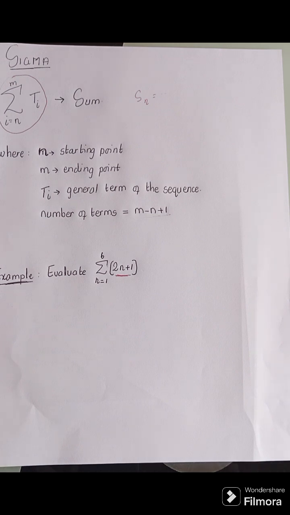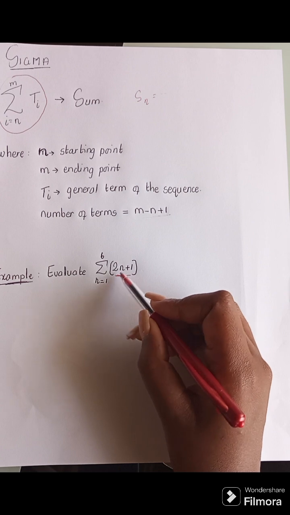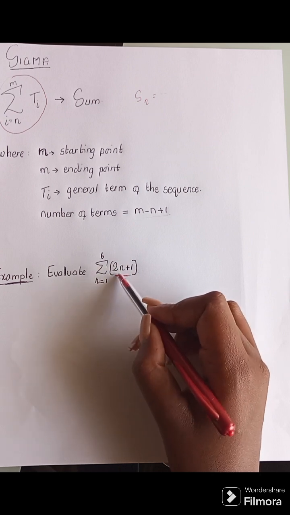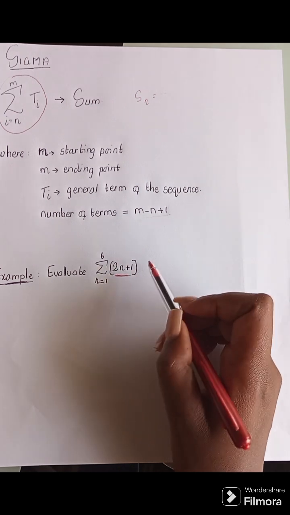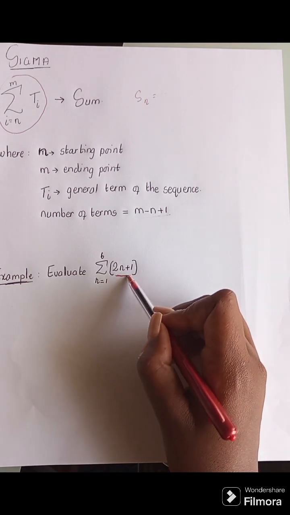The reason you have to check it is so that you will be able to pick the formula that you're supposed to use to evaluate the sum. In this example, our formula is 2n plus 1, and by looking at it, it is an arithmetic sequence.